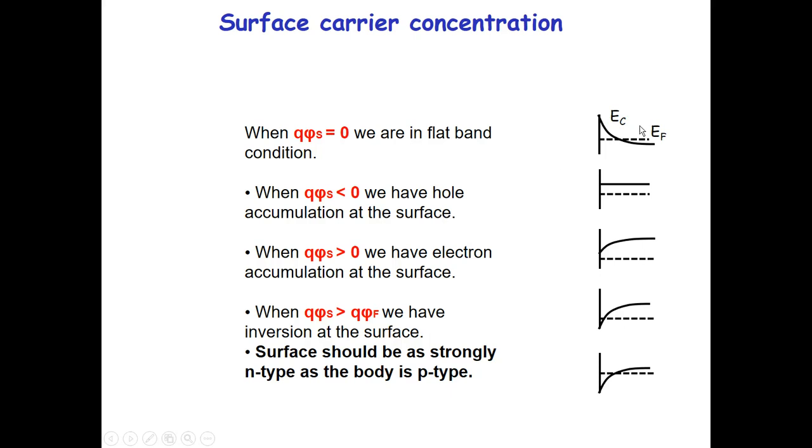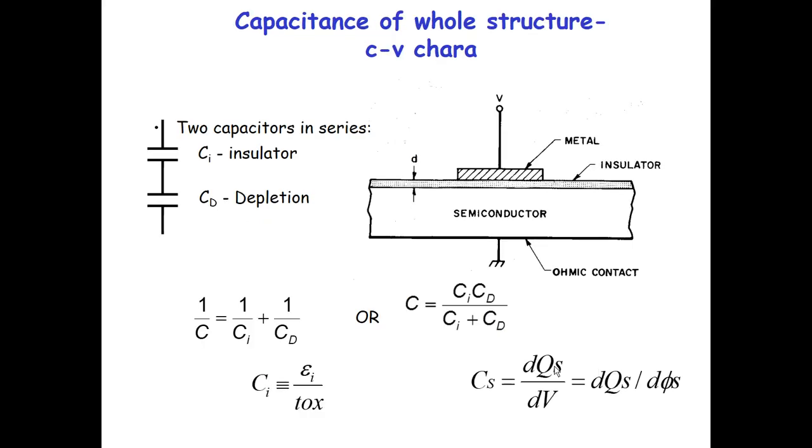And Q phi s is greater than 0, that is we have electron accumulation at the surface, that is inversion happens. Then Q phi s greater than Q phi f, we have the strong inversion, that means the surface should be strongly n-type as the body is p-type. So this is the surface carrier concentration based on this Q phi s.